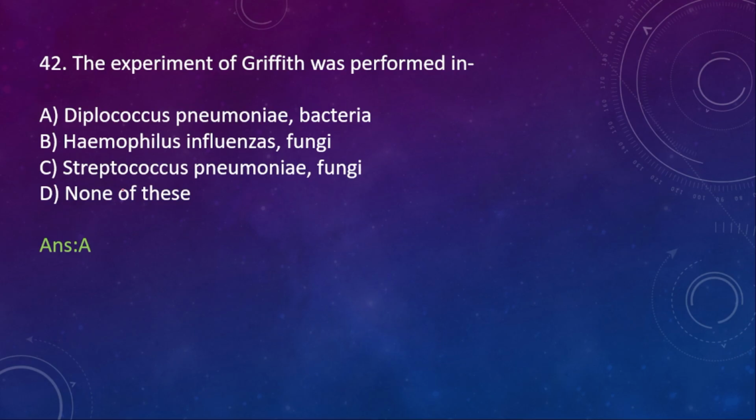Of course, he worked on Streptococcus pneumoniae, but it is not a fungi, it's a bacteria. We choose the first option because Diplococcus pneumoniae is nothing but an older name of Streptococcus pneumoniae, and it is a bacteria. So this is more correct, because Streptococcus pneumoniae is not a fungi. Okay?